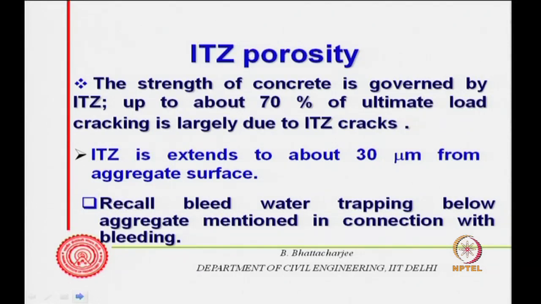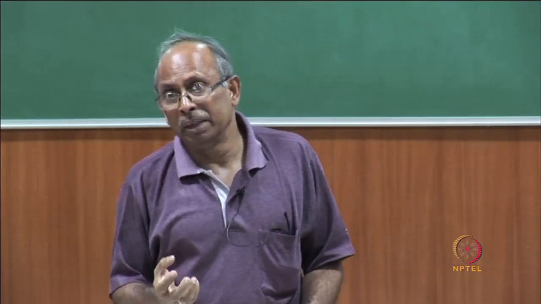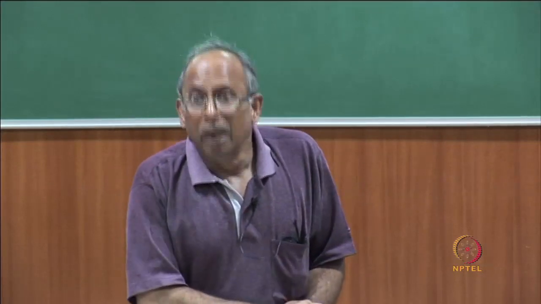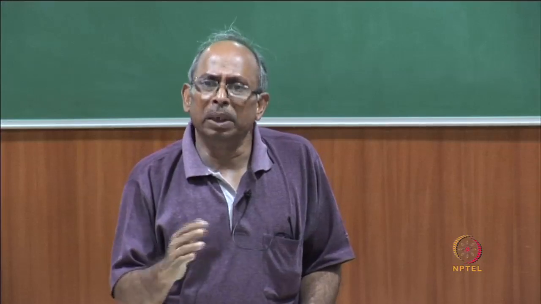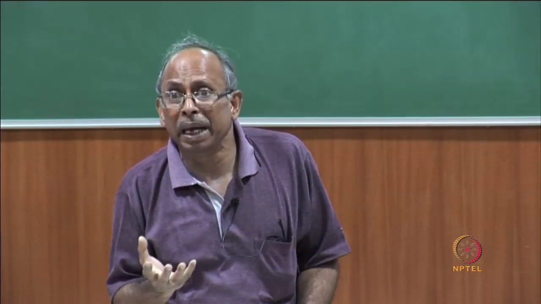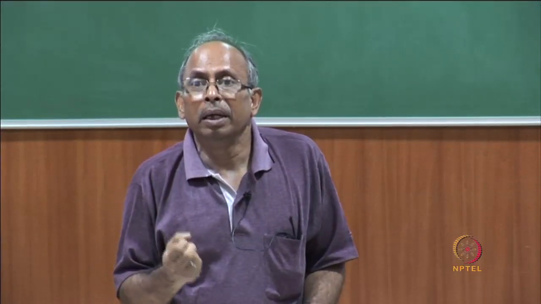We have not talked much about bleeding, but I have just explained it, because when bleeding occurs, you see the concrete is made up of materials having different specific gravity. Cement has a specific gravity of 3.15, and aggregates will have something in between, if I am not using very heavy aggregate like hematite in heavy concrete.